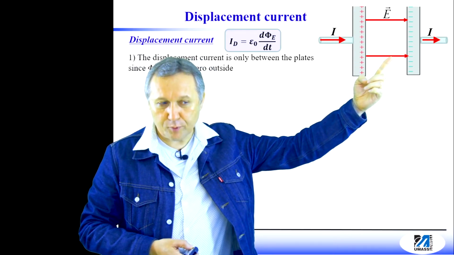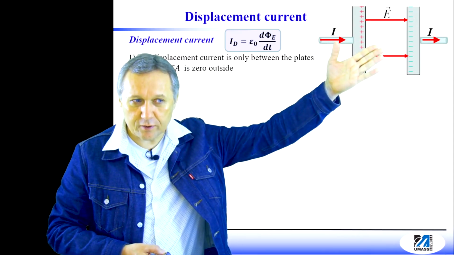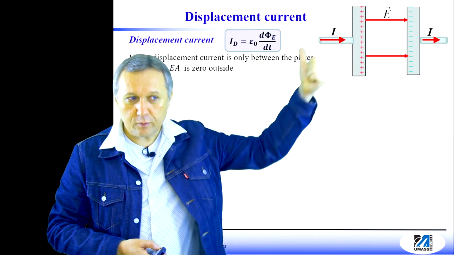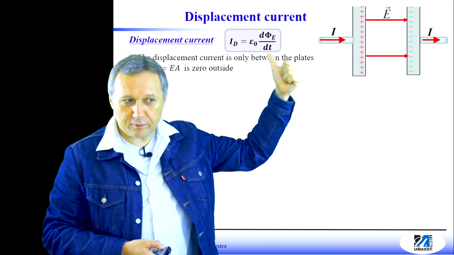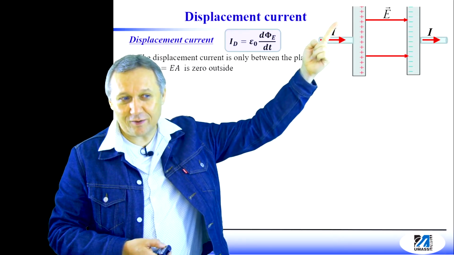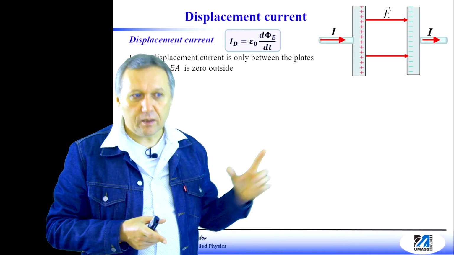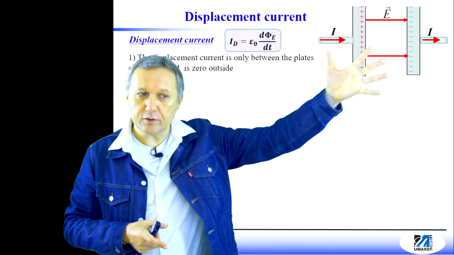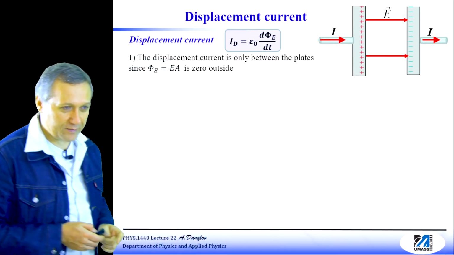You remember the properties of a parallel plate capacitor: the electric field is non-zero only between the plates, and outside it's 0. Since we have here the rate of change of the electric flux, and the electric field is 0, of course the flux will be 0. So the displacement current outside of the capacitor is 0, and it is not 0 only between the plates. First, we need to remember that.